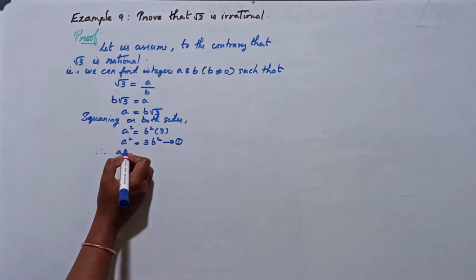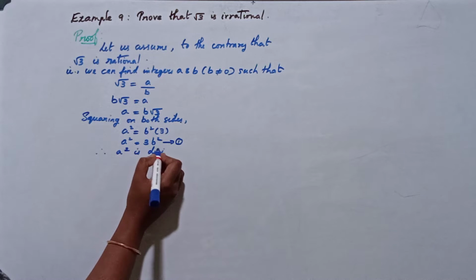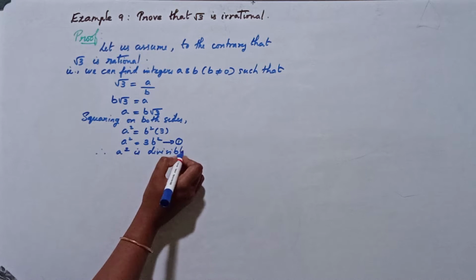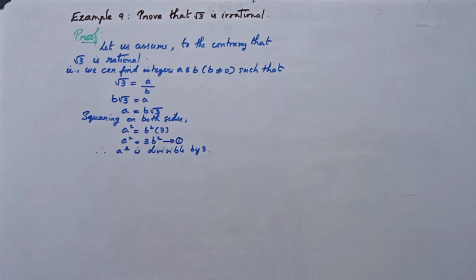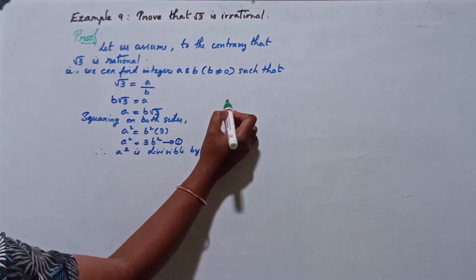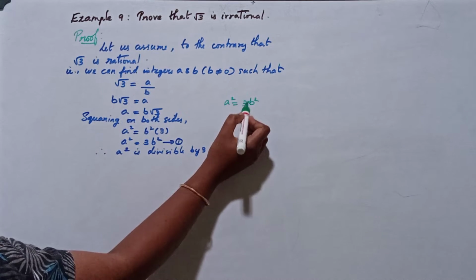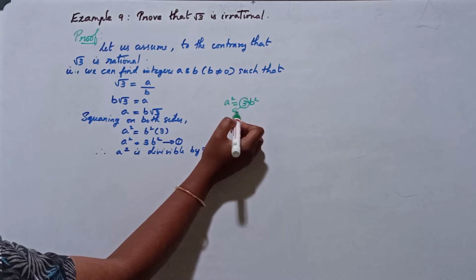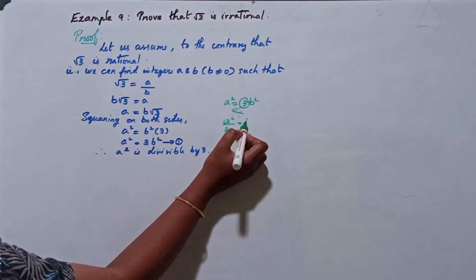A square is divisible by 3. Right? See, if you take a square is equal to 3b square, this is in the form of multiplication. So 3, if you bring it here, it will be division. So a square by 3 is equal to b square.